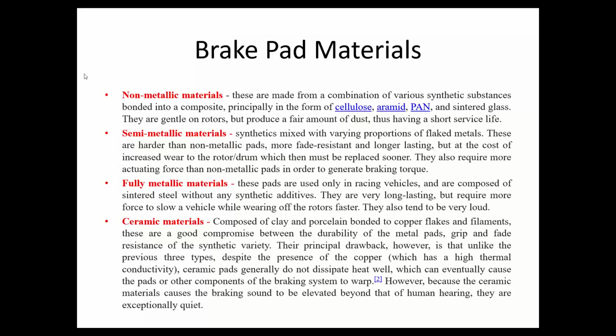The third one is fully metallic. If you just observe your car, if you just go through the car brake pad, whatever is there, it is completely metallic, made up of low grade metal. The main positive feature is here the wear and tear will be lesser as compared to the non-metallic or the semi-metallic and metallic clubbed together.